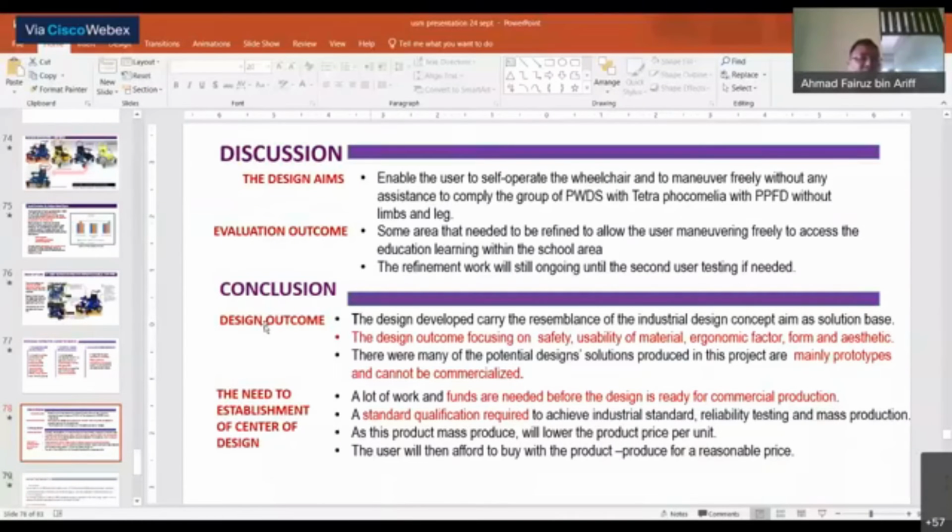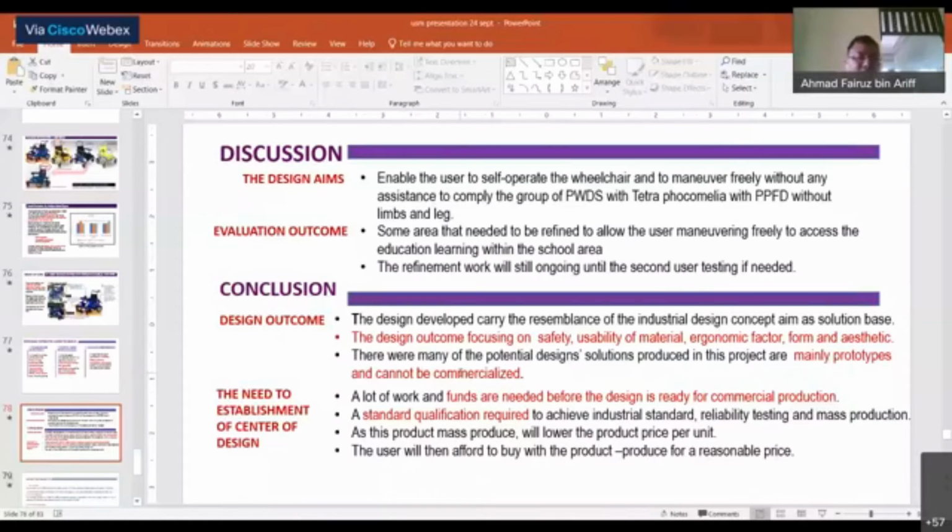So conclusion, design outcome. The design developed carries resemblance of industrial design concept aimed as solution based. The design outcome focuses on safety, stability of material, economic factors, form and aesthetic. There were many potential design solutions produced in projects which are mainly prototypes and cannot be commercialized.